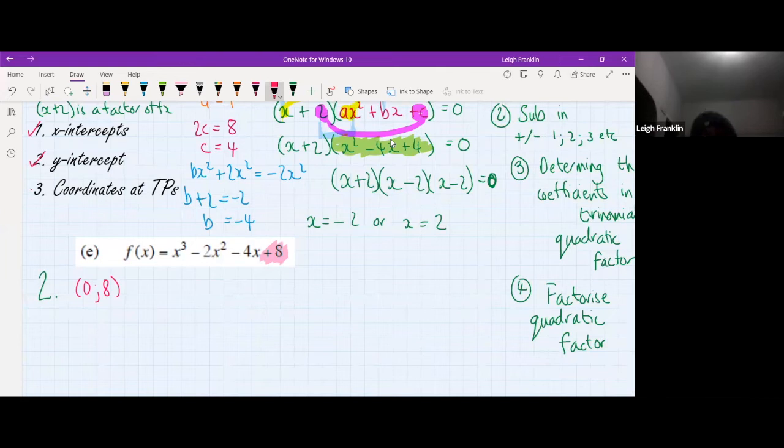Now we're going to worry about our coordinates at the turning points. Okay, so what happens at the turning points? What's happening at the turning points? What is the graph doing at the turning points?